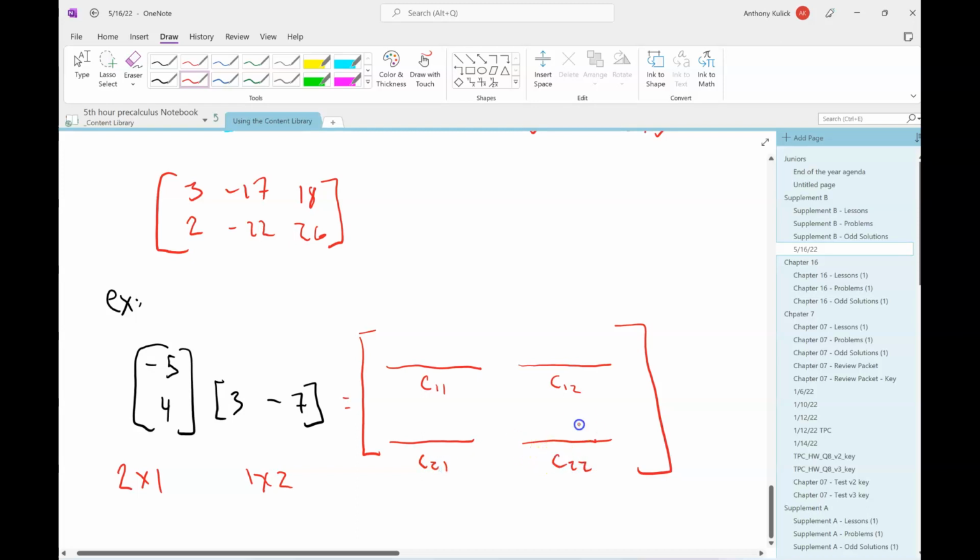So I'm going to just write the names of my entries under the spot I've put in for each entry. Okay. To get C11, what do I have to do? First row by first column, right? Cool with that? And then the next spot will be first row and second column.